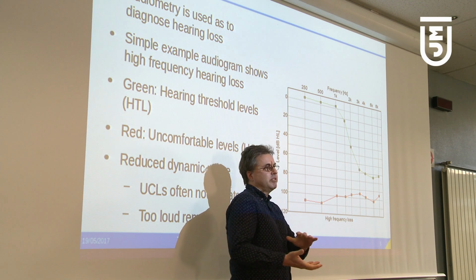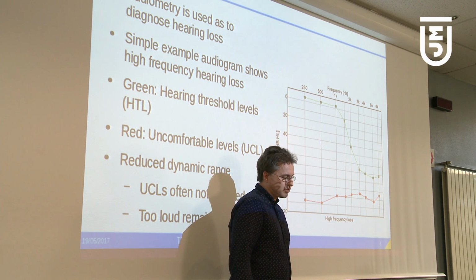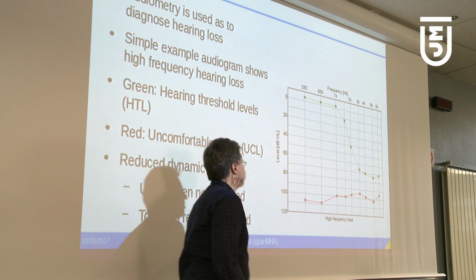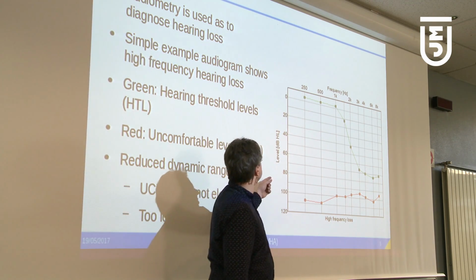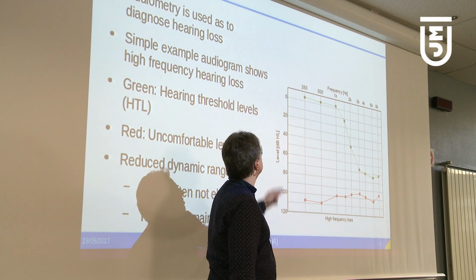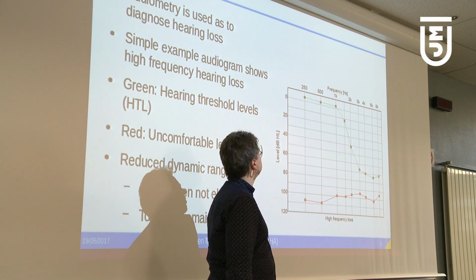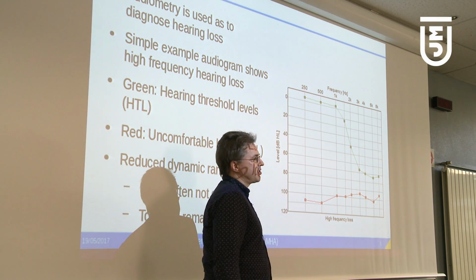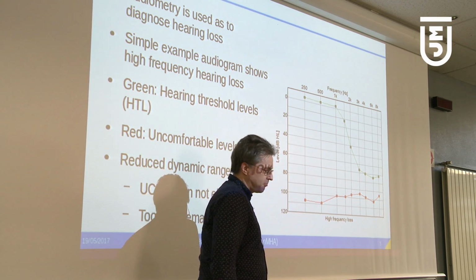And the mean of these hearing thresholds per frequency are then named 0 dB HL, hearing level. So normal hearing by definition means 0 dB hearing level at all frequencies. But there's some variation because it's also only a mean.